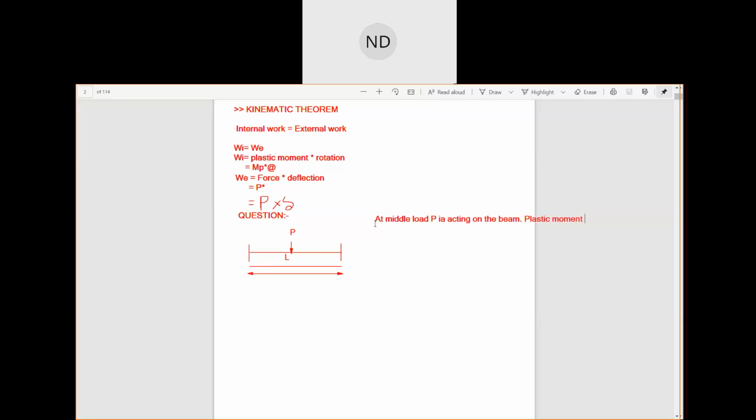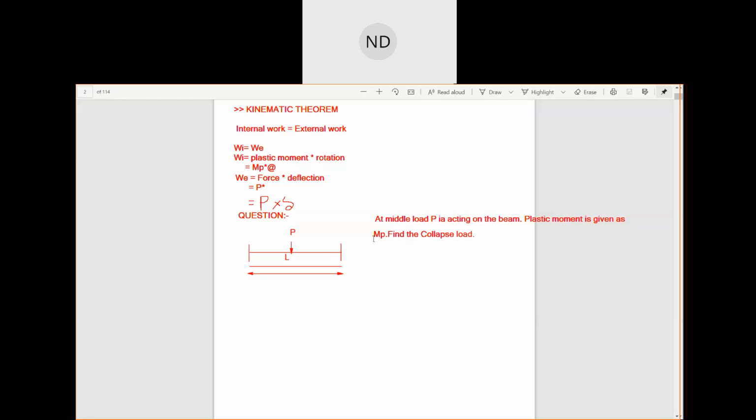Plastic moment is given as M suffix P. Find the collapse load. So this is your question.